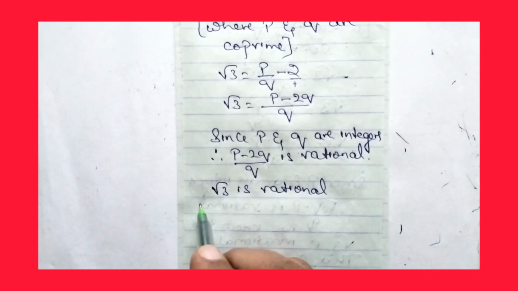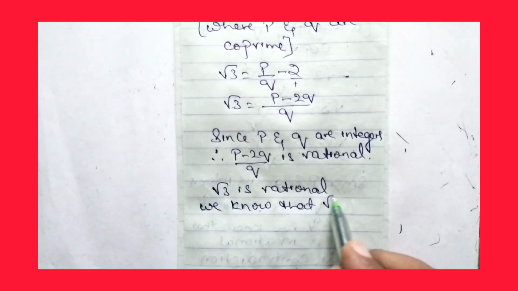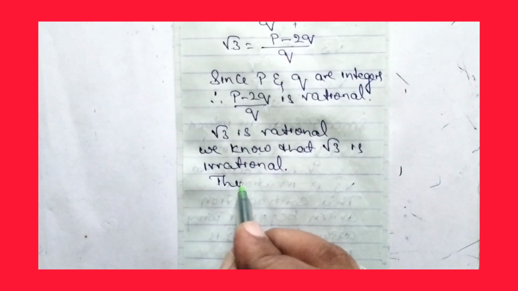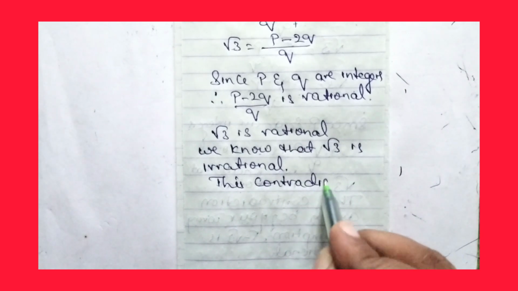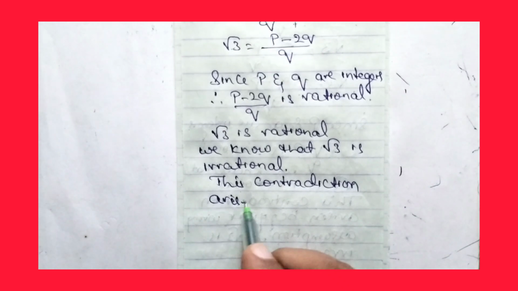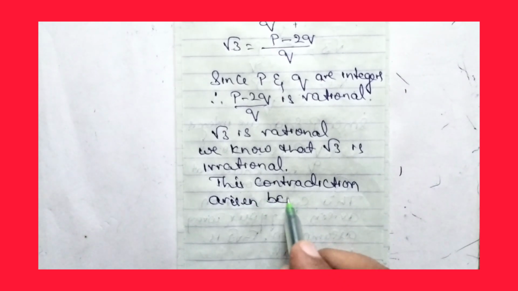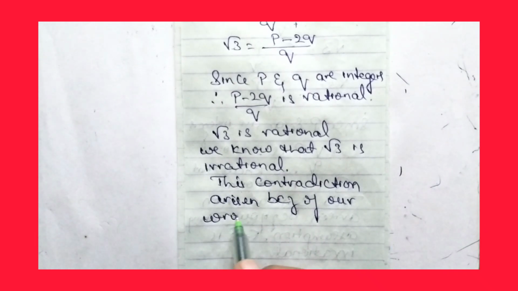But we know that root 3 is irrational. Already we have proved that root 3 is irrational. This contradiction arisen because of our wrong assumption.